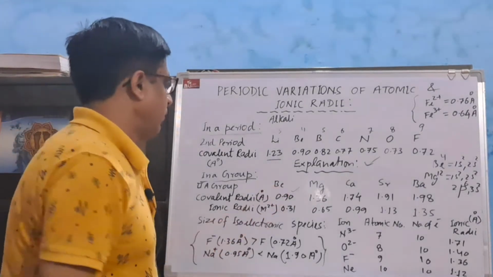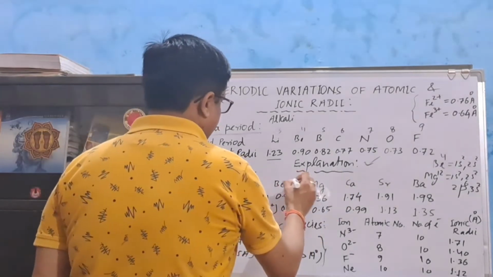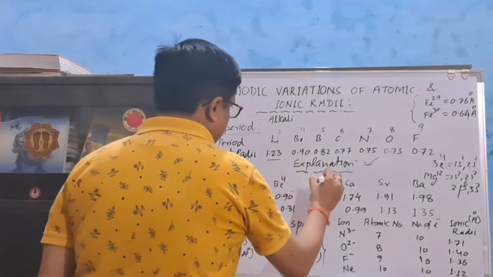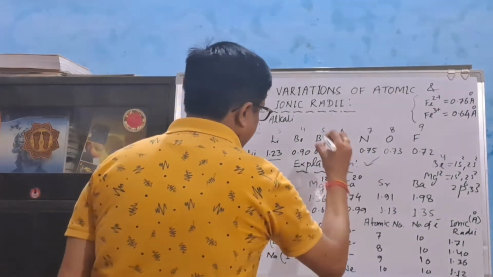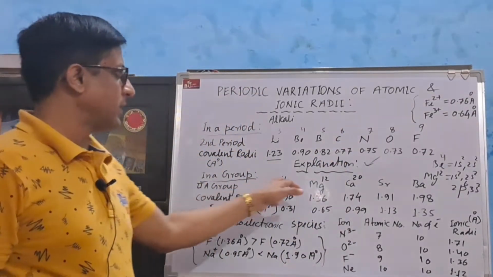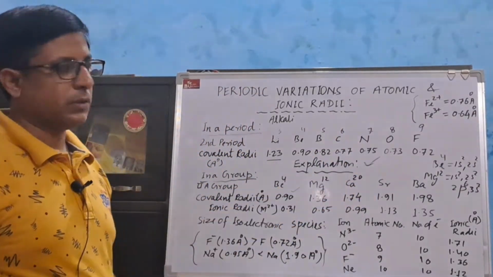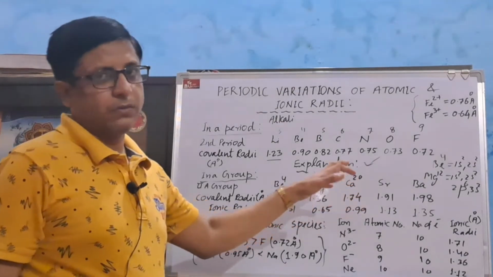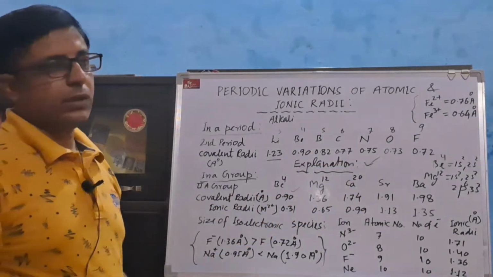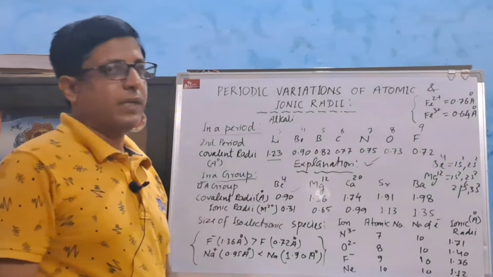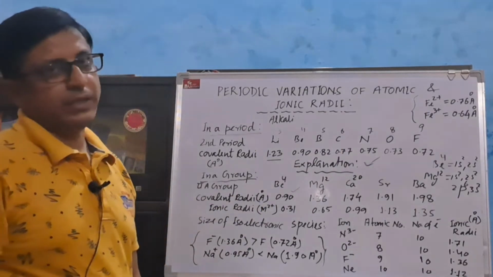Now, when we move from beryllium to barium, it has atomic number 4, magnesium 12, calcium 20. Thus, the nuclear charge also increases, the number of protons also increases. Therefore, the electrostatic force applied on valency shell electrons increases.